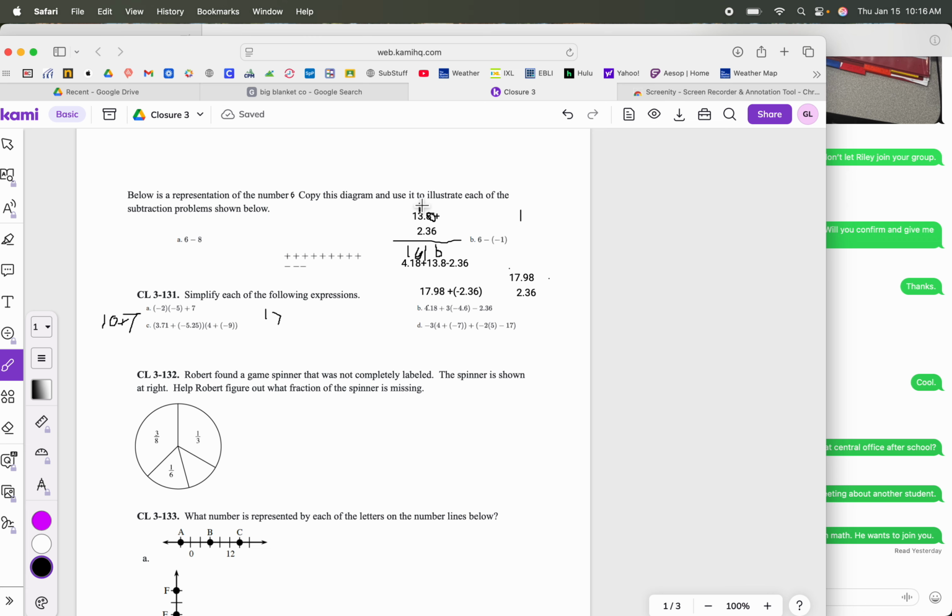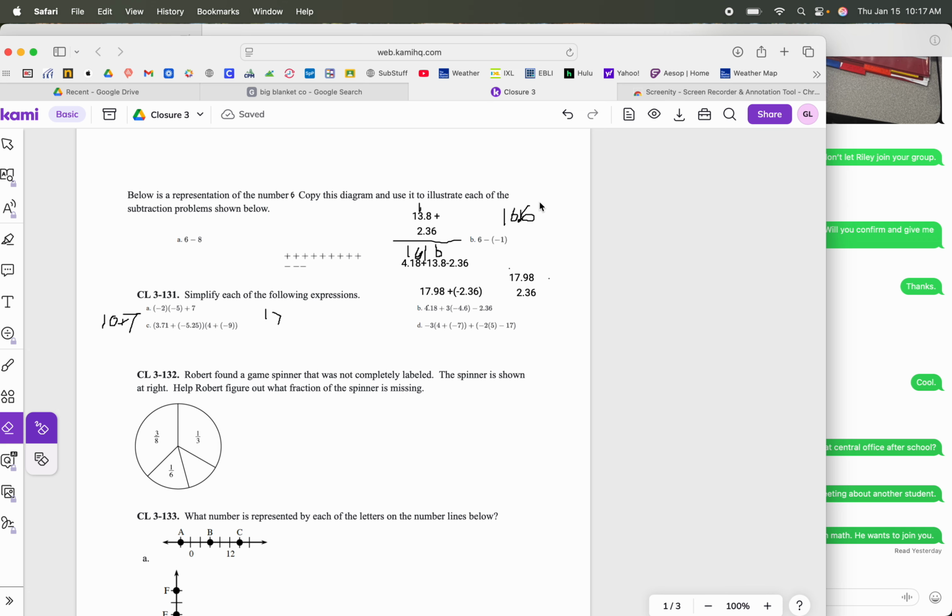16 and 16/100ths. I'm going to double check that because it's so messy. Got a 6, we got a 1, got a 6.